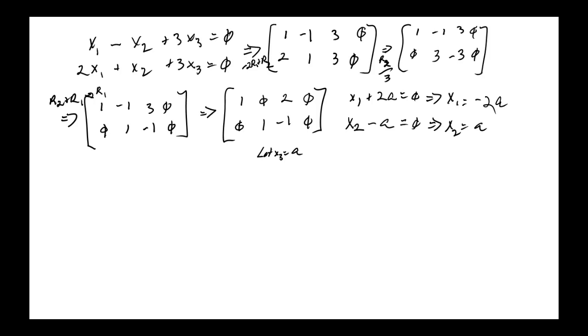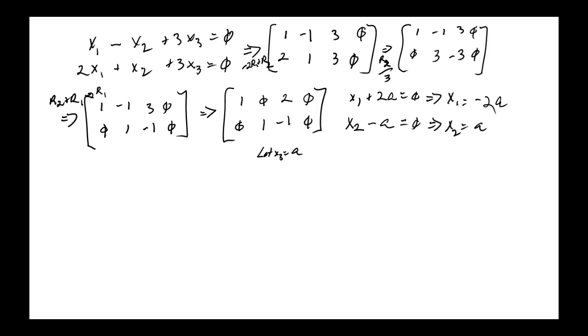This is a row reduction of this, right? This is x1, x2, x3, constant. Let x3 be a, because that's arbitrary here, whatever you want it to be. So this one says x1 plus 2a is equal to 0, so x1 is equal to minus 2a, subtract from both sides.